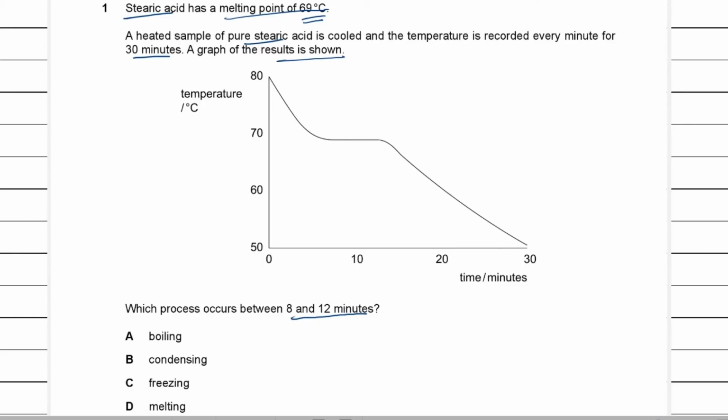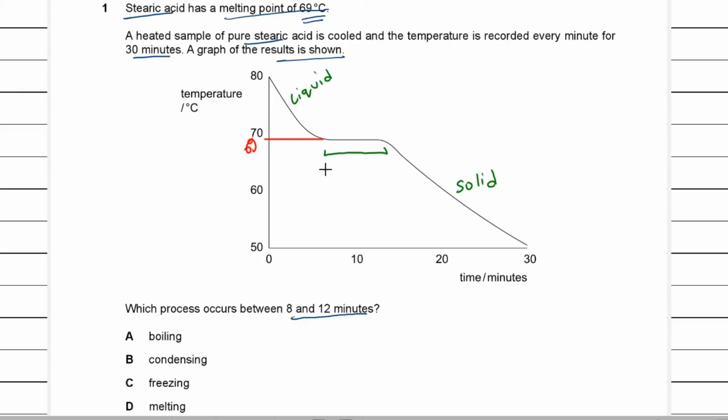So if we go ahead and draw a line to the flat part, we can see it's directly below 70. So we can say this is 69. So we can deduce that everything above 69 is still liquid, and over here it's still solid. And in between, this is where the change of state occurs.